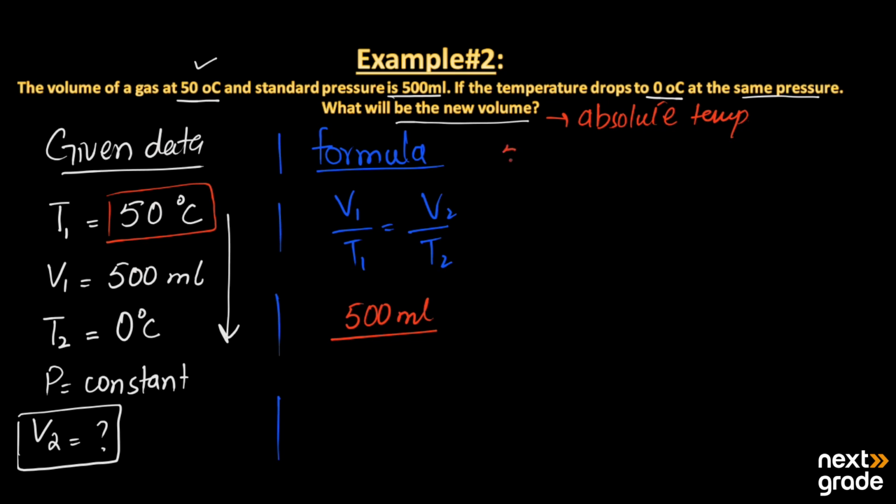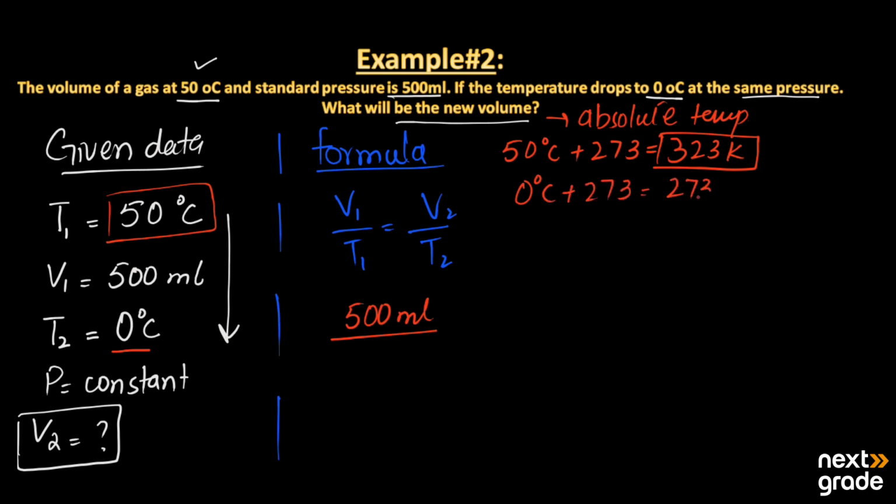Here we have 50 degrees Celsius plus 273, which gives 323 Kelvin. And this temperature T2 is 0 degrees Celsius, so 0 plus 273 gives 273 Kelvin.